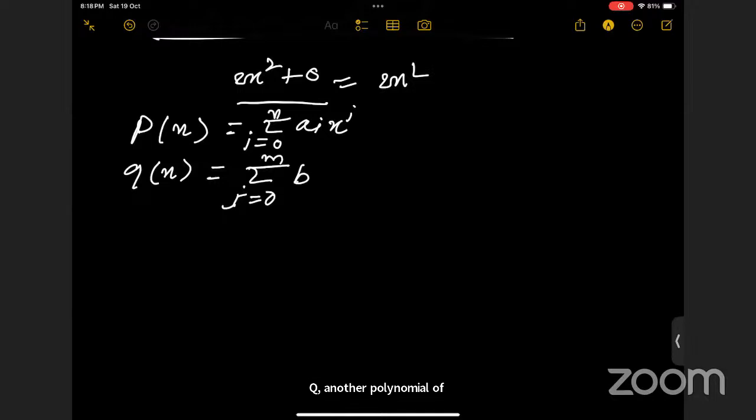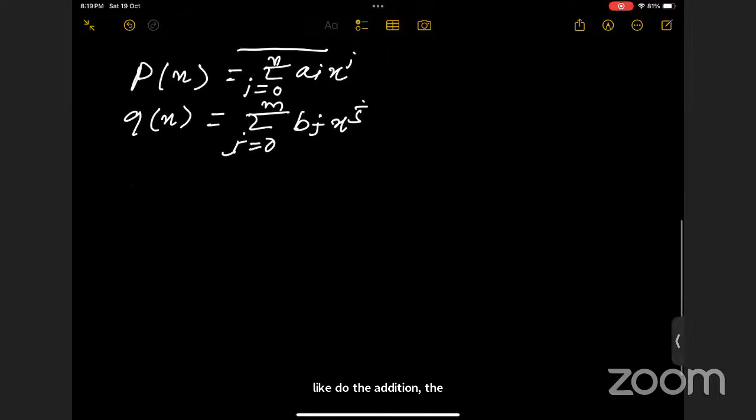Then we can do the addition, the multiplication, the subtraction with these two polynomials, right? So what will be the addition? Any one of you can unmute yourself and say what will be the addition of these two polynomials, p plus q.